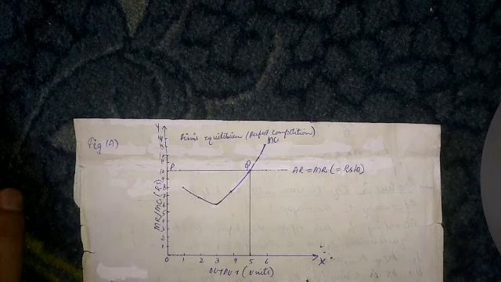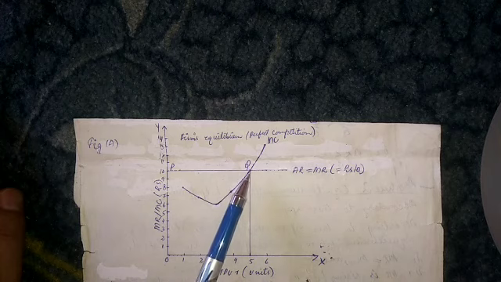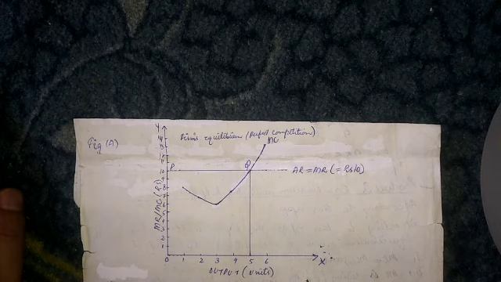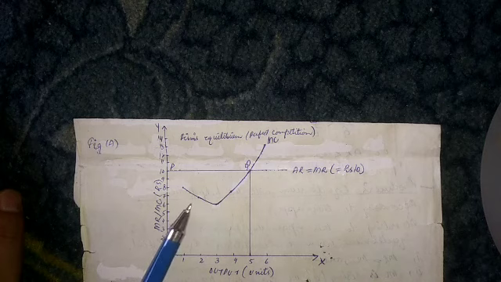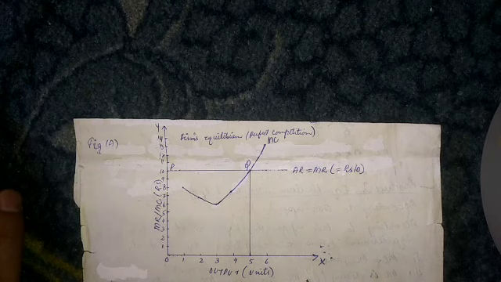Now you see, the producer strikes his equilibrium at point Q when 5 units of output are produced. Now it's maximizing its profit, satisfying the two conditions of equilibrium.